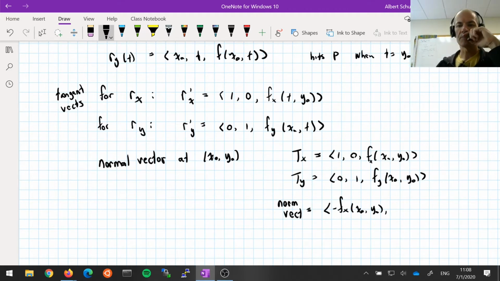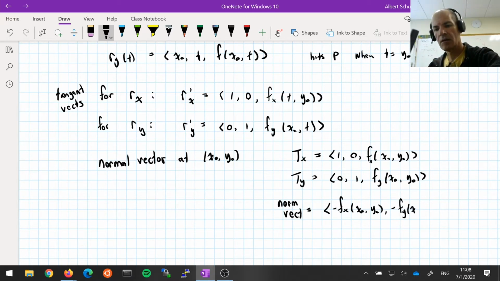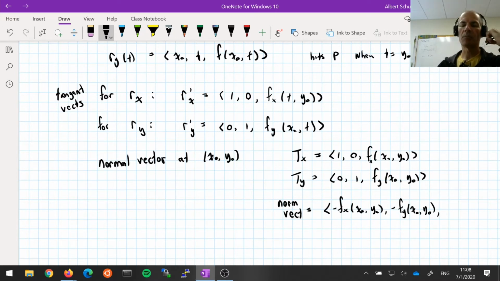In the middle column, we blot out the middle column. We get f sub y, but there's a minus sign because we're doing a cross product. And then finally, in the last column, we blot out the column with the f's, and we get 1. So a normal vector at P is given by this expression.